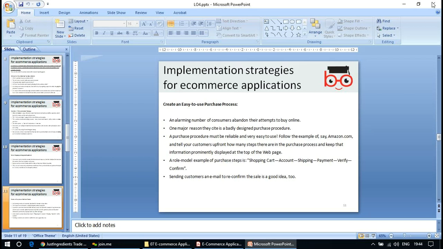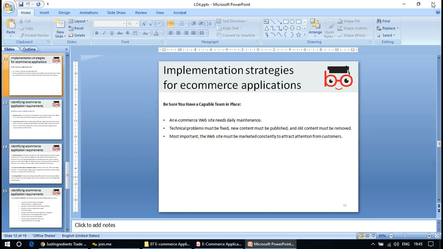Once myself, when I was booking a hotel, before I wanted to click, I wanted to look at the same page what dates they are. So an easy to use purchase needs these kinds of options, more informative things, and that's a strategy to be adopted, isn't it?